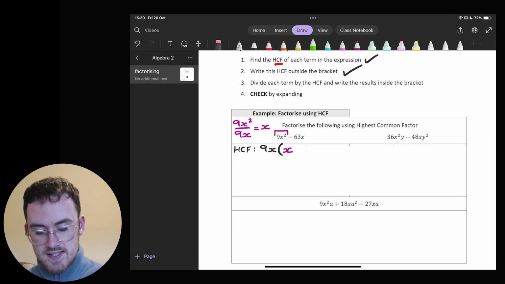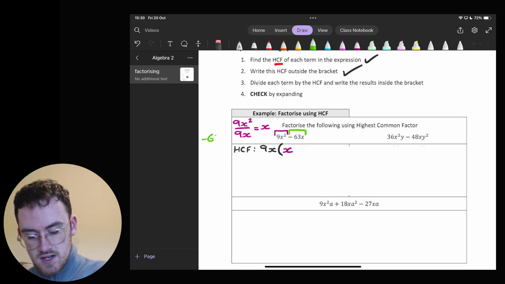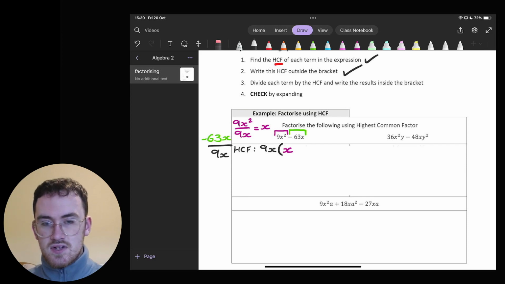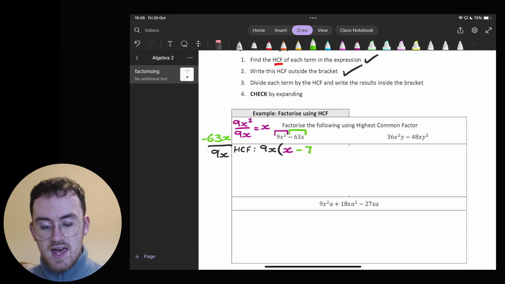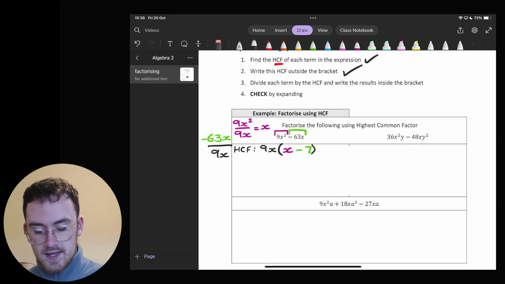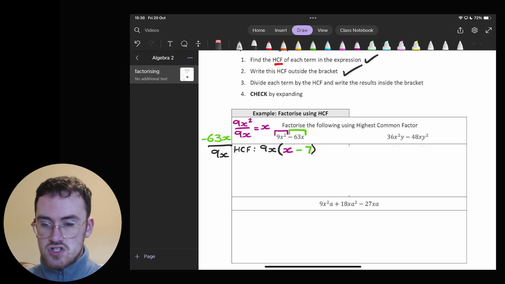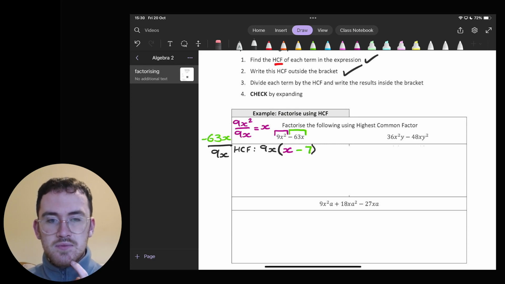Looking then at the second part, minus 63x divided by 9x. Minus 63 divided by 9 is going to give me negative 7, and the x value will go away because x divided by x just eliminates the x. It divides into 1. So I'm left with my bracket there as x minus 7.